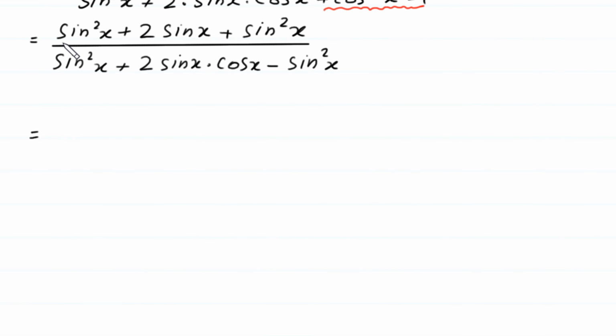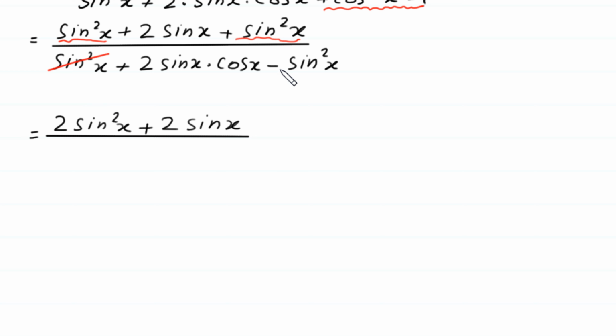Next, this sine square x plus this sine square x, 2 times sine square x plus this 2 times sine of x divided by, this positive sine square x will be cancelled with this negative sine square x, and in the denominator we have left this plus 2 times sine of x times cos of x.